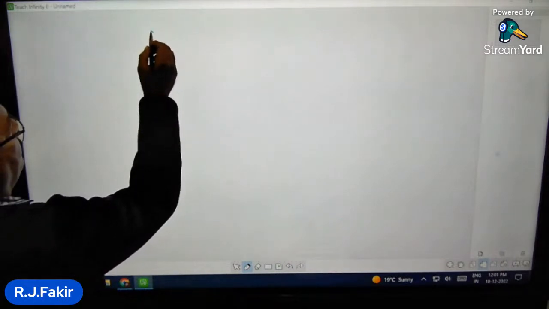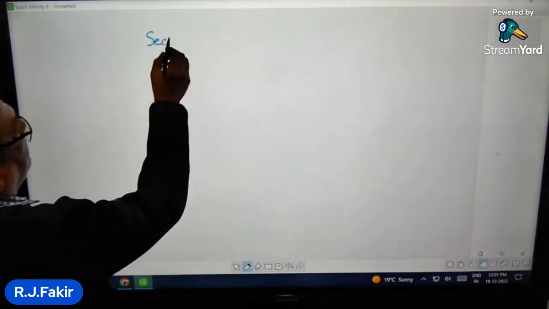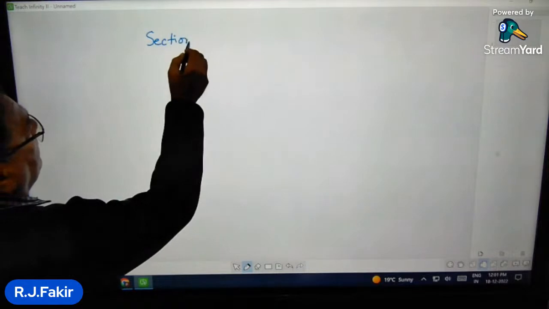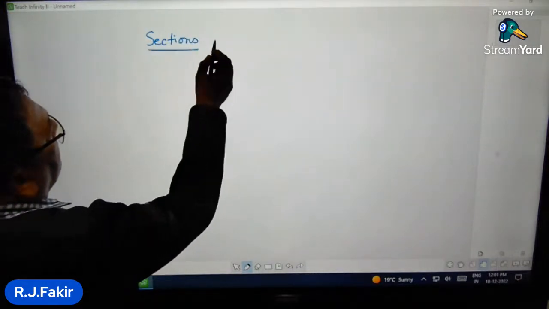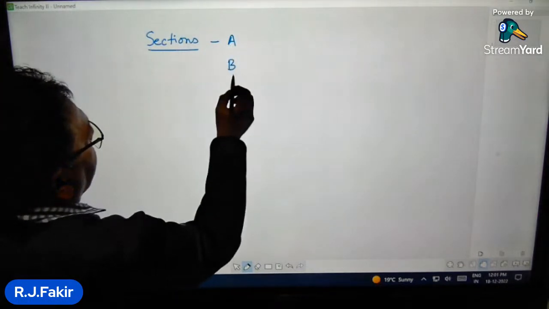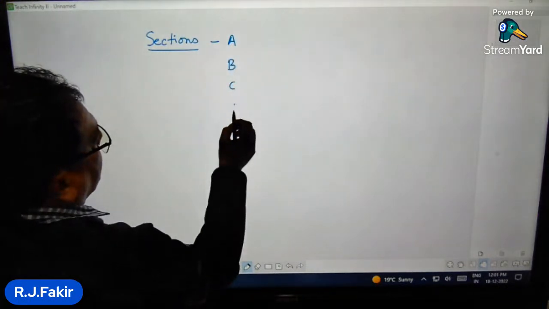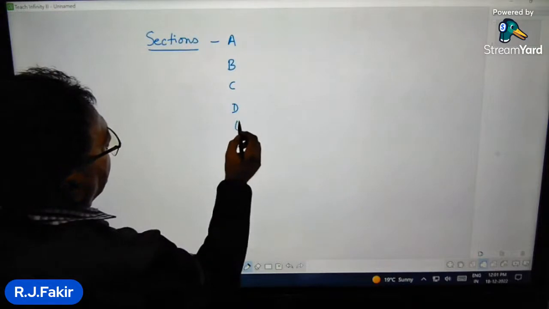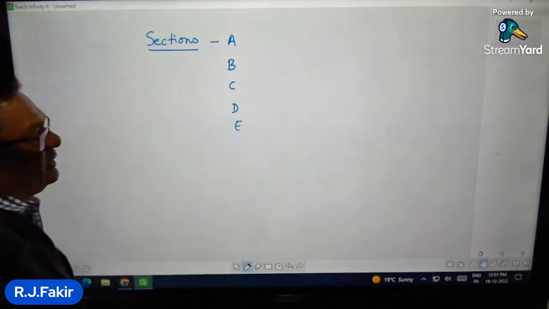So we have in all total 5 sections in this paper. They are section A, section B, section C, section D, and section E.